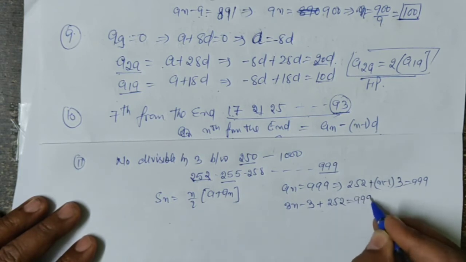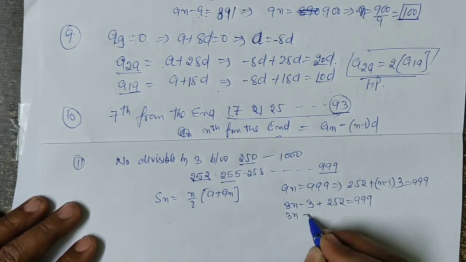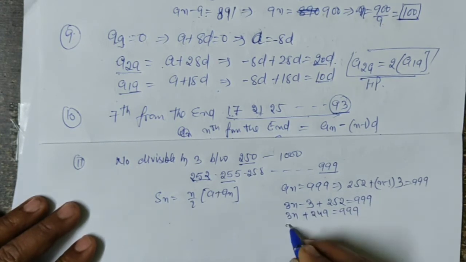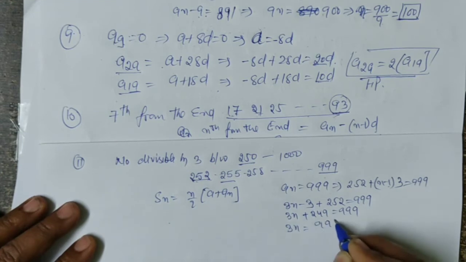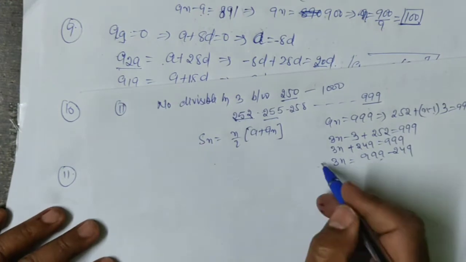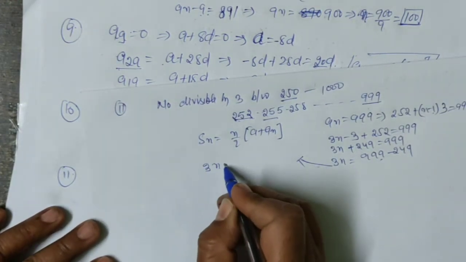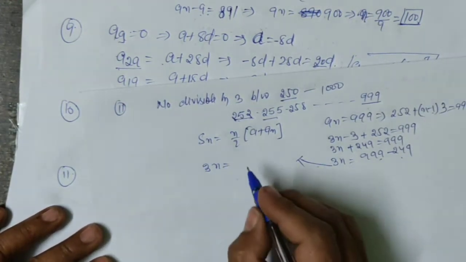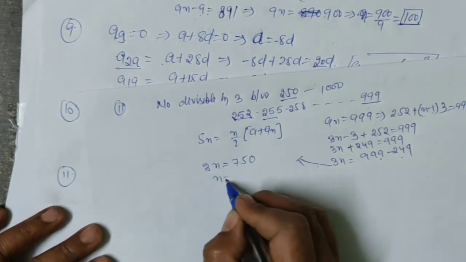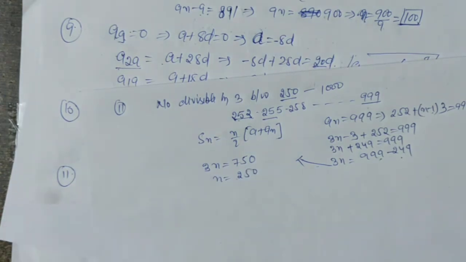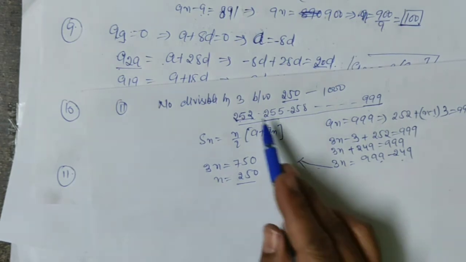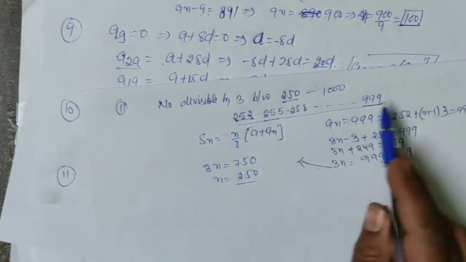Then 3n plus 249 equals 999. 3n is equal to 999 minus 249. Ultimately, this shows 3n will be 750. Okay, n is 250. That means there are 250 numbers divisible by 3 between these two.